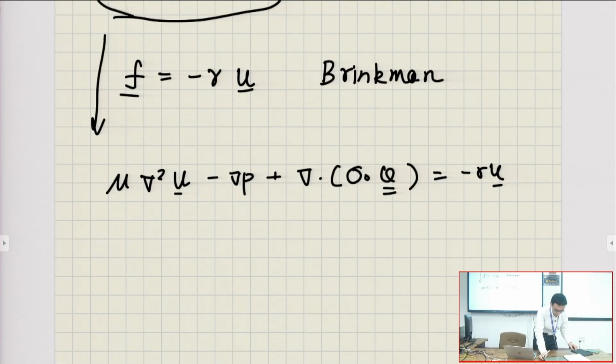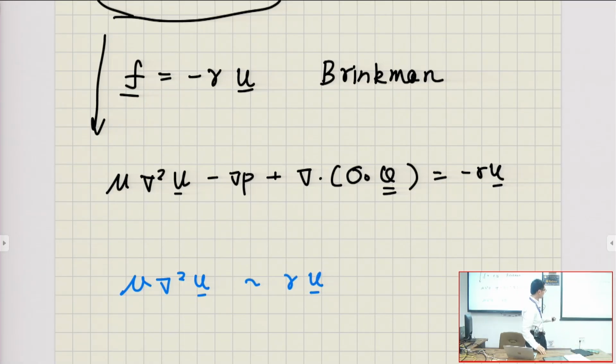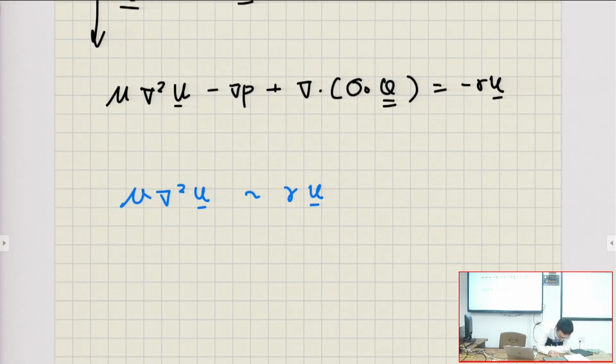So if you look at these two terms, the first one is the viscous term from the fluid, and the other is the friction. So if you compare these terms, you're going to introduce a new parameter, now a length scale here. Okay, so let's define a length scale L, by just balancing these terms.